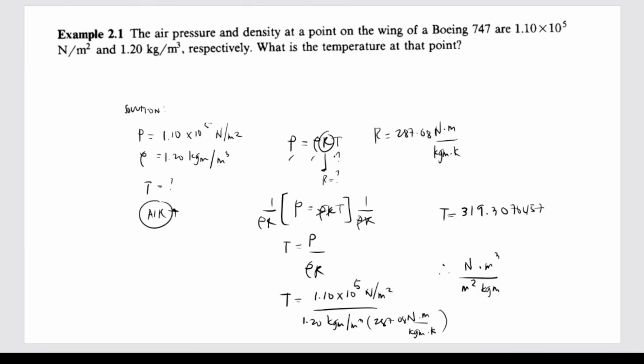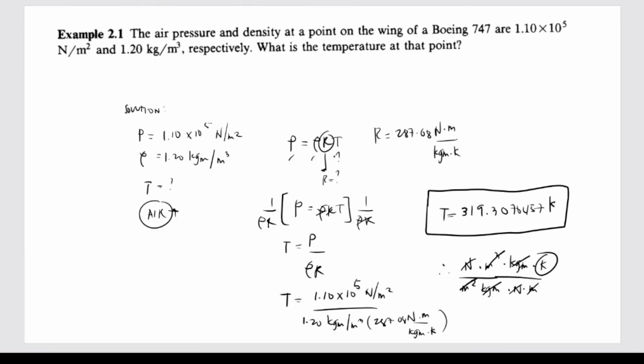And then we have Newton meter, and the denominator of the denominator, this kilogram mass, Kelvin. So, kilogram mass times Kelvin. Newton cancels out, kilogram mass cancels out. I have meter squared times meter, that is cubic meter, and it cancels out. So, I have units of Kelvin. That is how easy it is to solve for temperature using the equation of state.